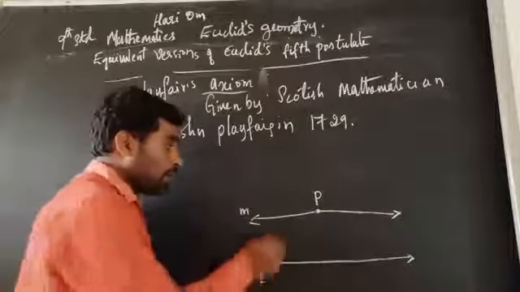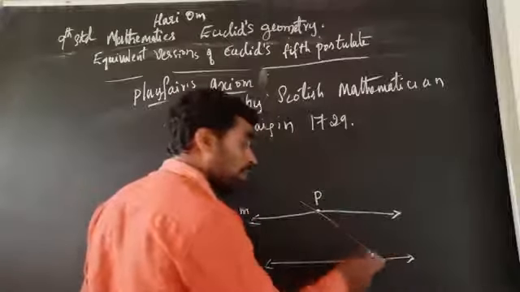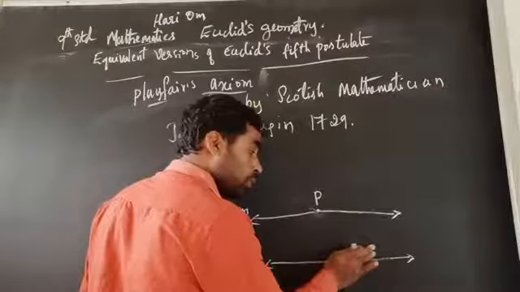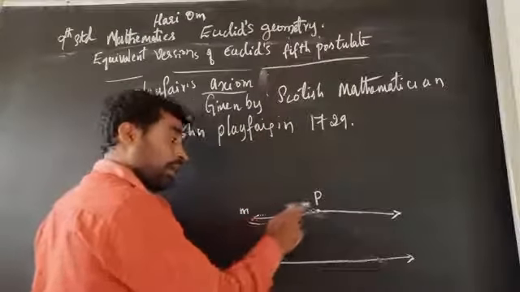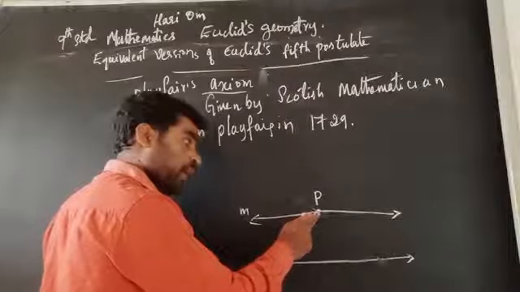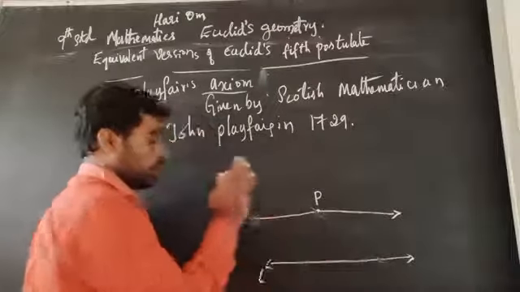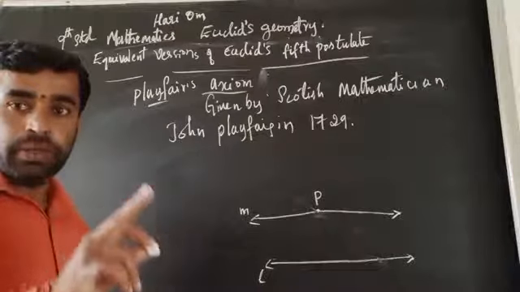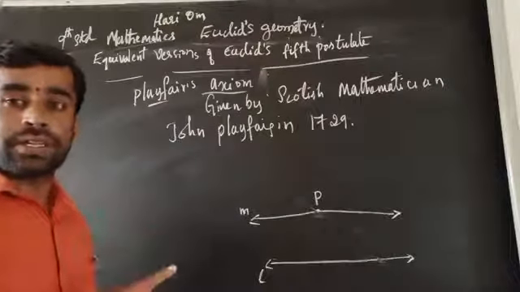If we draw any other line through P, it is going to intersect the line L. We can draw only one parallel line at one point. This is what is given.